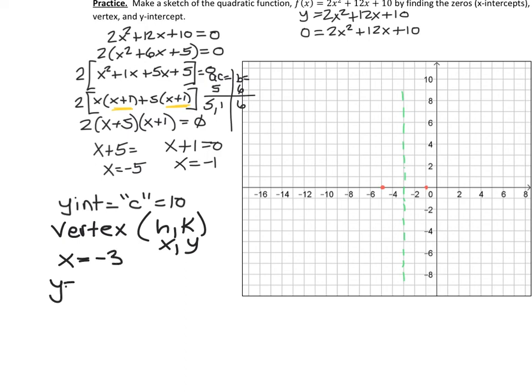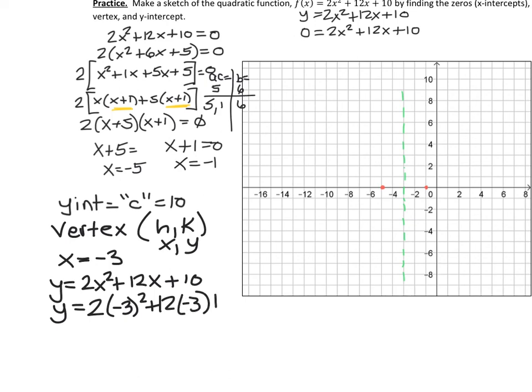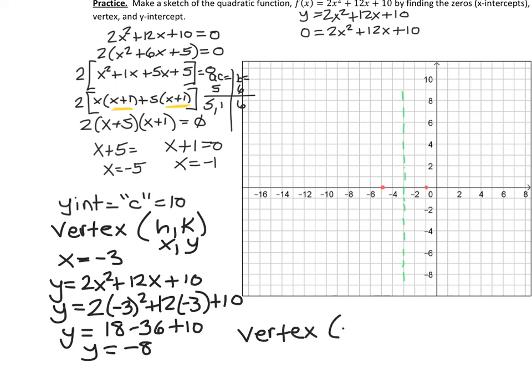So I can plug that into my function and solve for exactly what my corresponding output is, or k. 2 times a negative 3 squared plus 12 times a negative 3 plus 10. We've got 9 times 2 is 18, minus 36 plus 10. That's negative 18 plus 10, so it's going to be a negative 8. So our vertex then is at negative 3, negative 8.